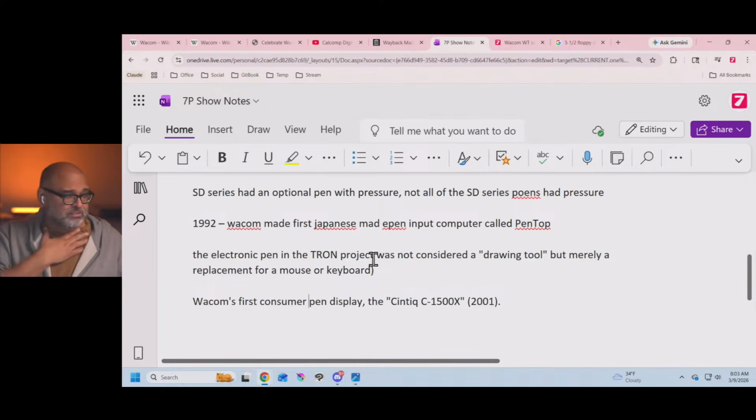Another thing you'll see is sometimes when you get these articles translated from Japanese, they'll call pen displays liquid tablets.